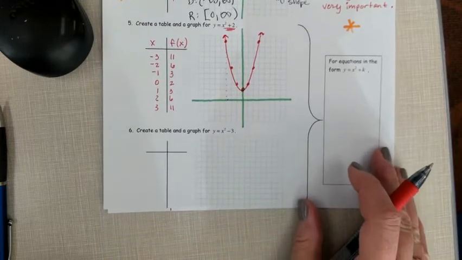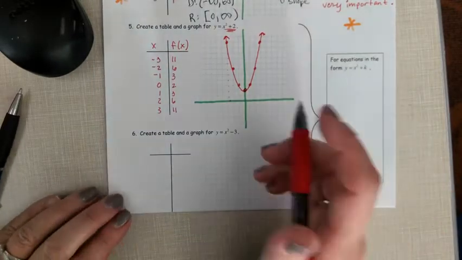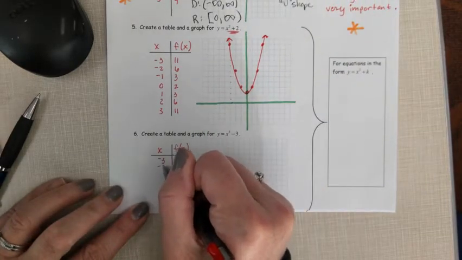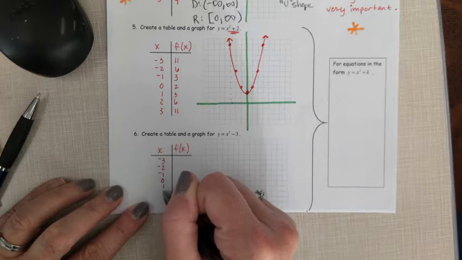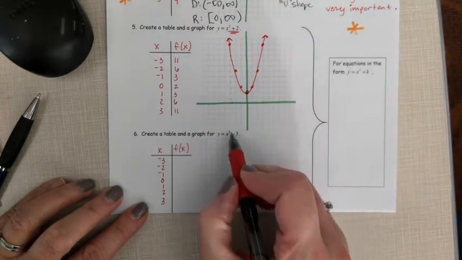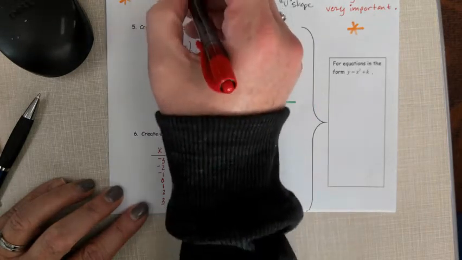Okay, x squared minus 3. X, f of x. I'm going to keep using these same basic points. This is a little bit cut off on my paper. Now, remember, I'm thinking of the parent. How does it compare to the parent?